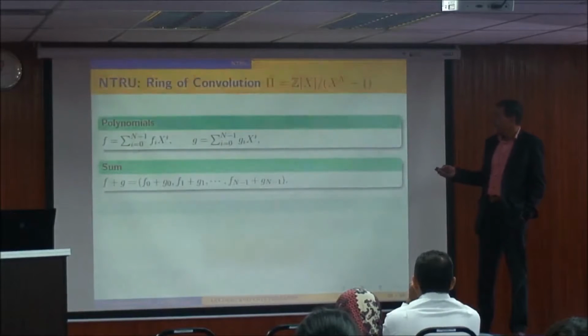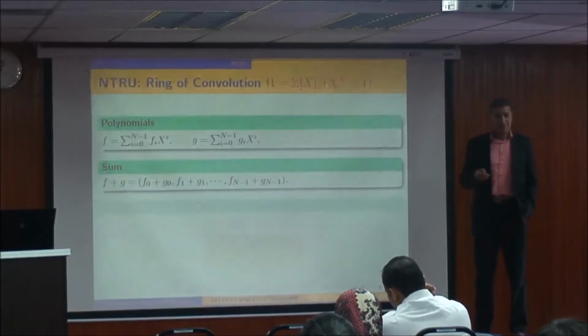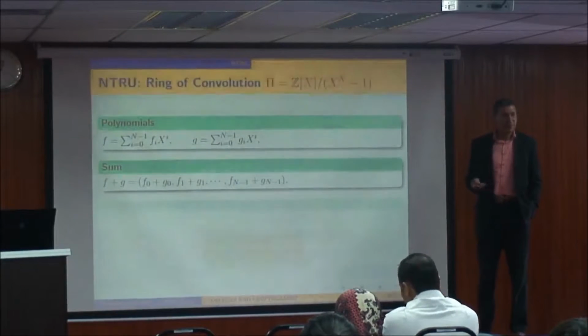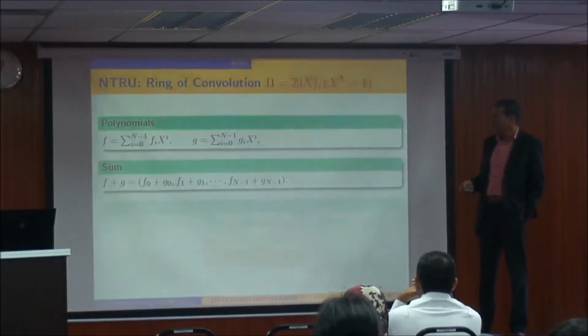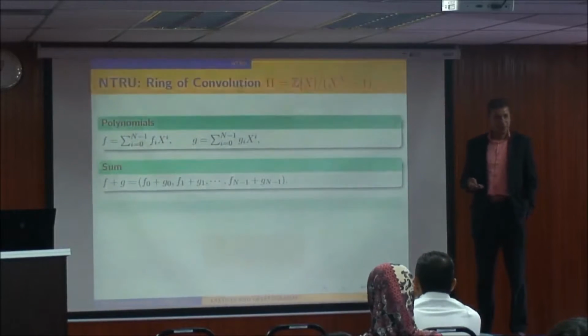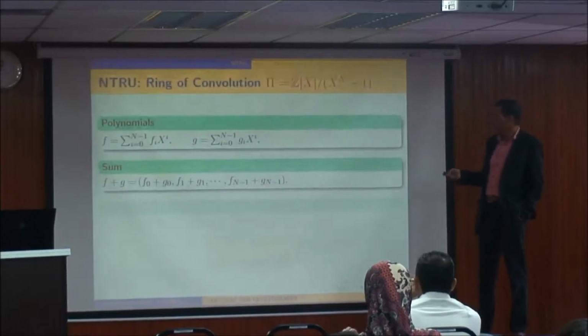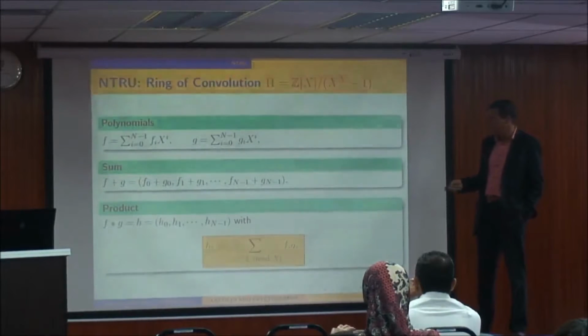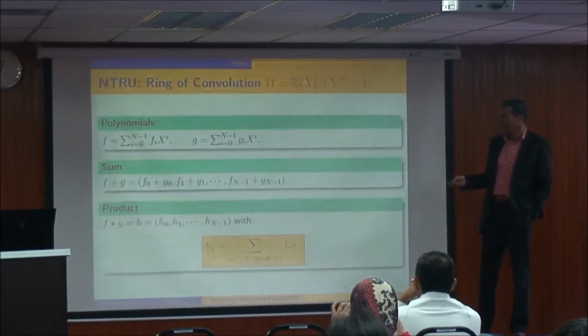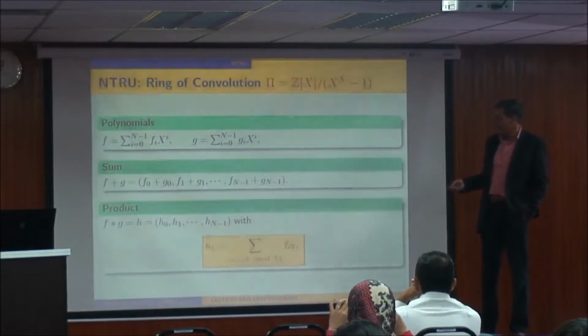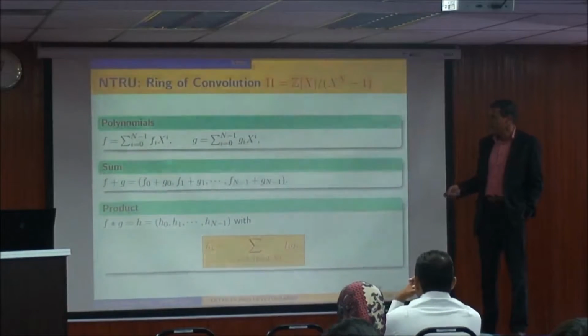The arithmetic in NTRU is very different from RSA, because in NTRU we work with modular polynomials. For example, if you have a polynomial f and a polynomial g, you can find the sum of f and g.